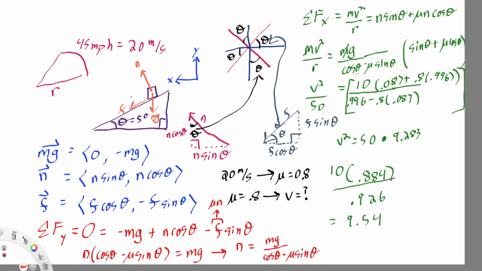The 0.884 is this factor here, which comes from the sine theta plus mu cosine theta. Yeah, parentheses is the number one source of trouble on calculators. 100%.